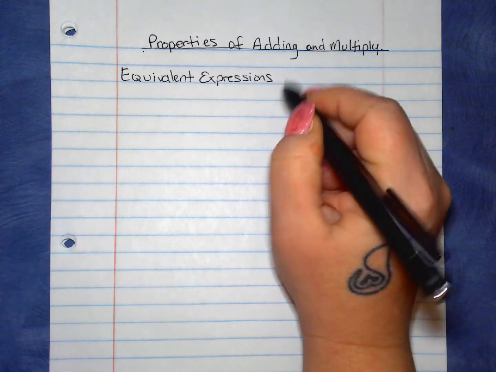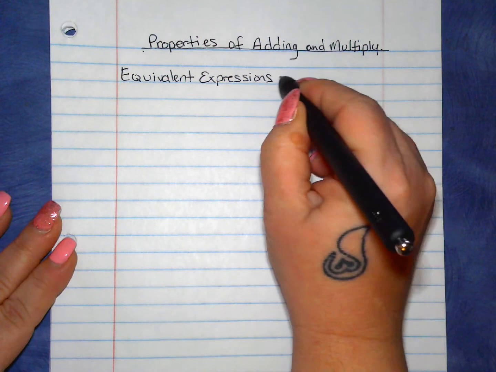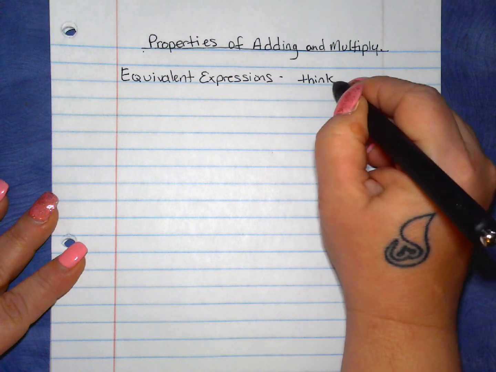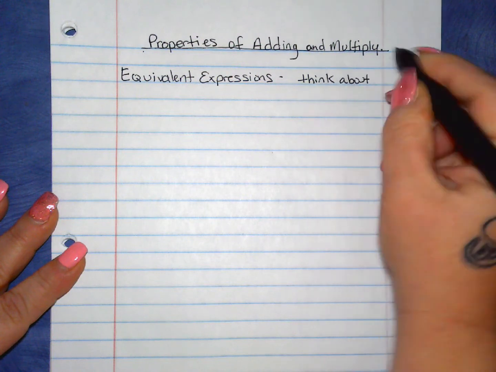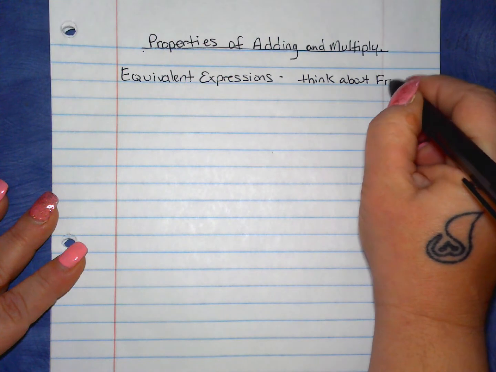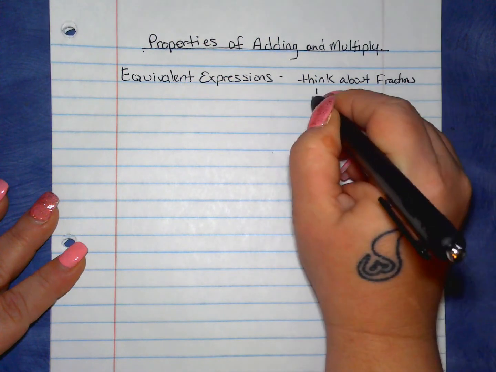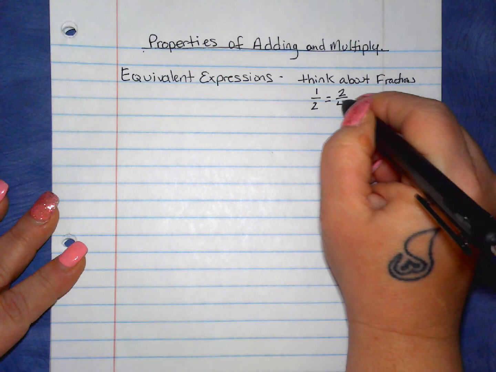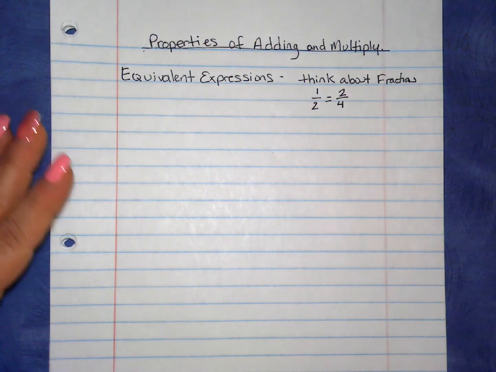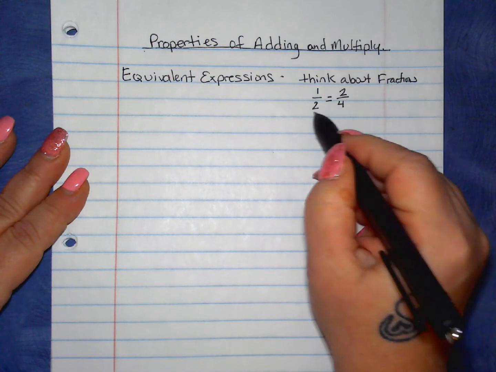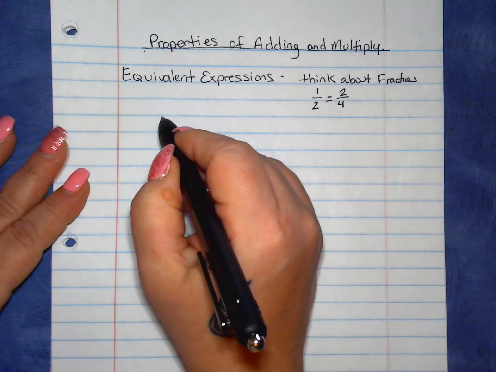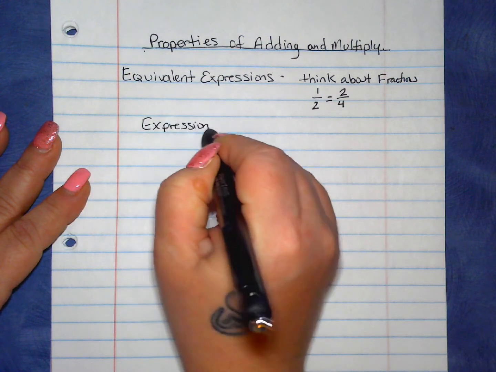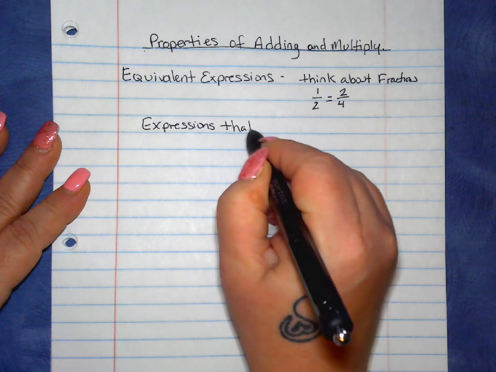And when you think of equivalent expressions, think about equivalent fractions, just like 1/2 equals 2/4. Okay, so equivalent expressions, these are equal, right? Equivalent expressions are expressions that have the same value.